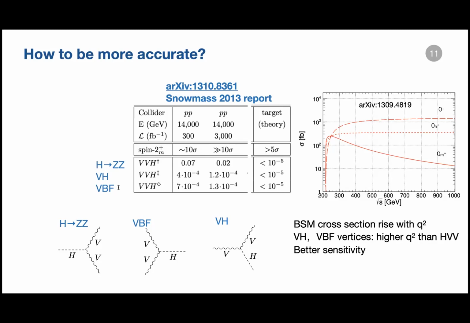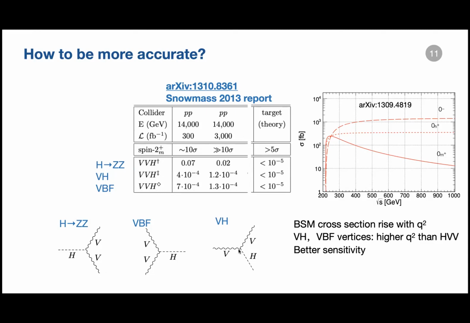So what is the difference between the production and the decay? If you look at the vertices, they are all the same. It's a Higgs coupling to two vector bosons. But for VBF and VH, these vertices have higher Q squared. And what does higher Q squared give you?